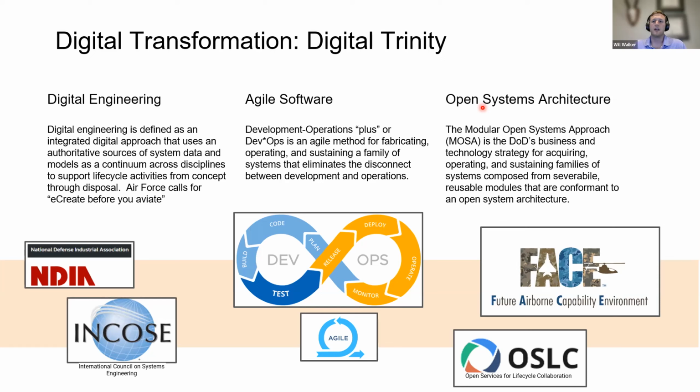We have several competing standards working to figure out the best way to model systems and subsystems so that they can be integrated together at a higher level and broken apart at a lower level without breaking the model.